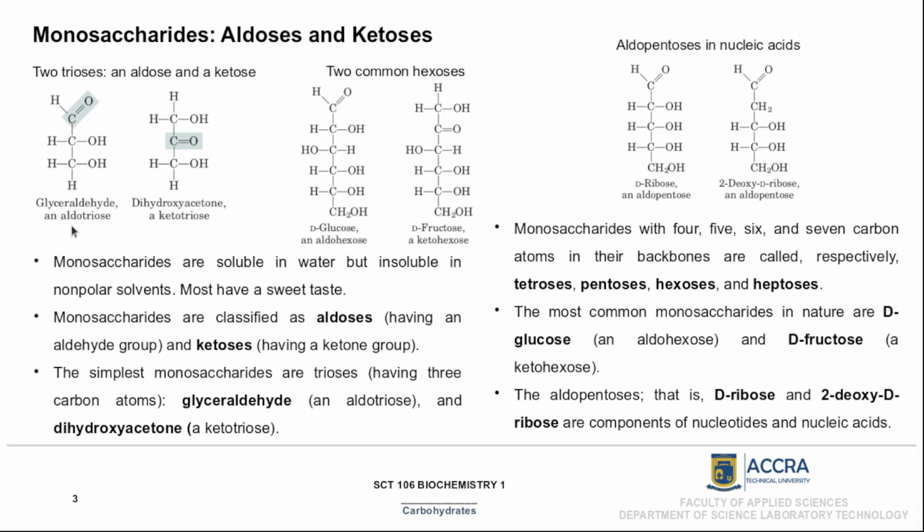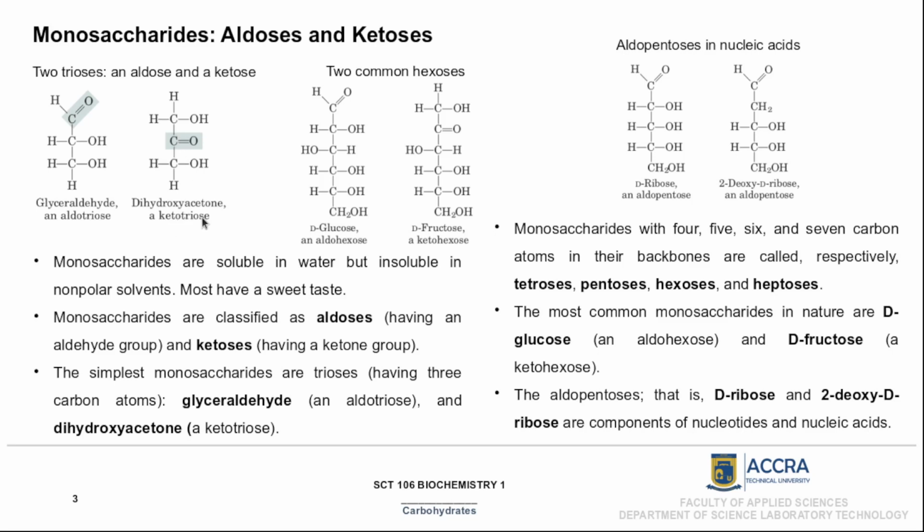Ketotrioses: you have dihydroxyacetone being a ketotriose because it contains the ketone group and it is made up of 3 carbons, 1, 2, 3, and so it is a ketotriose.